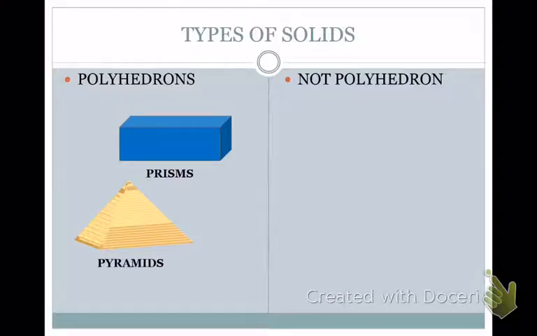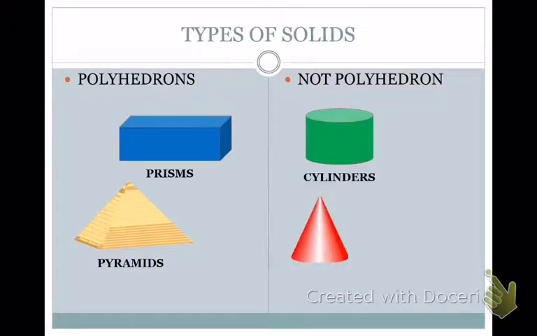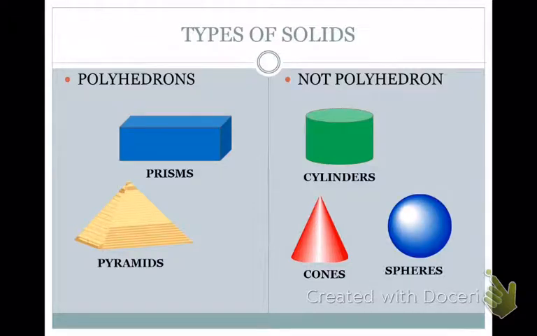Okay? Some of the solids that we're going to talk about are not polyhedrons. This guy's not a polyhedron because it's got some faces here that are not polygons. Those are circles. This guy is called a cylinder. And then you've got this guy, which is like a cylinder that comes to a point on one end, which we call a cone. Last but not least, this is not a polyhedron either, but a shape that we're going to talk about, and it's a sphere.